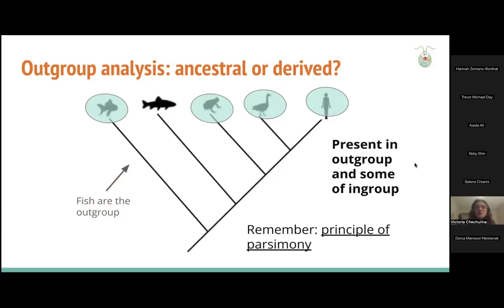The reason for this is that if it's ancestral, the only evolutionary change needed is the shark losing the trait. If it's derived, we need 2 changes to get it. We need the fish evolving that trait separately, and then the ducks, the frogs, and the human. So that's just too many changes. This is probably ancestral.